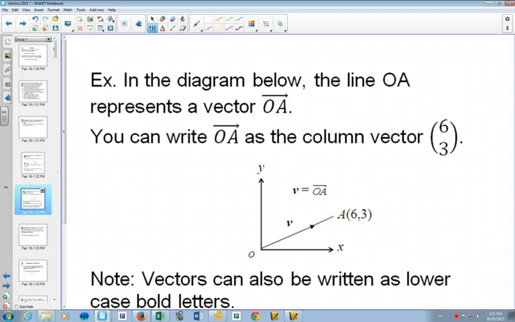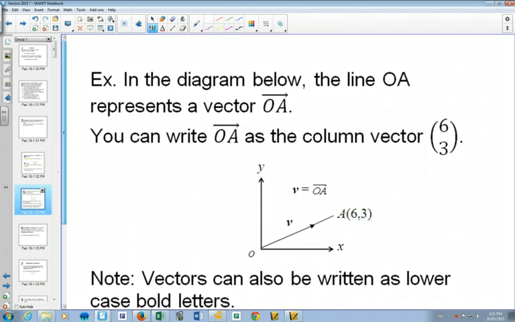So if you went from O to A, that would be a position vector, and A was at 6, 3, you could write it as a column vector 6 and 3. So we always put the x on the top and the y on the bottom.